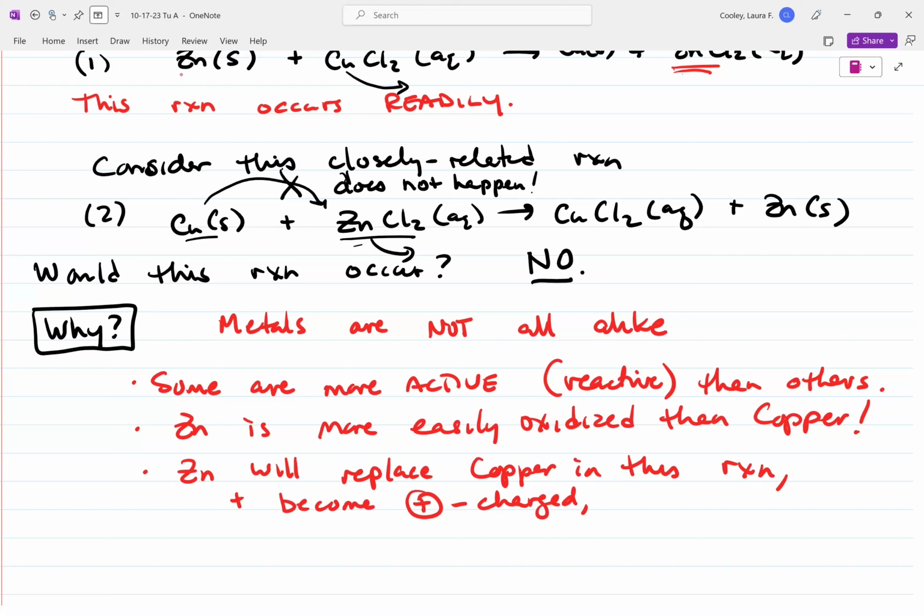Zinc will replace copper in this reaction and become a positively charged ion. But copper can't do this to zinc.